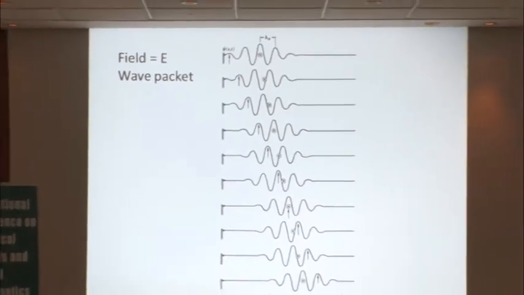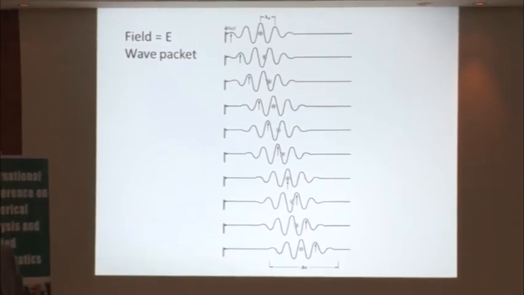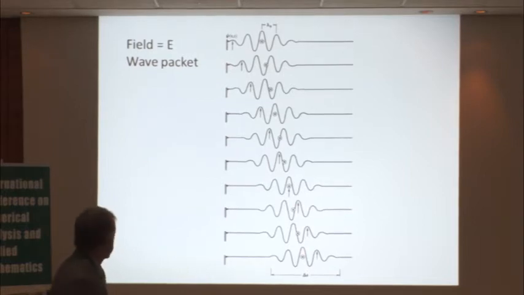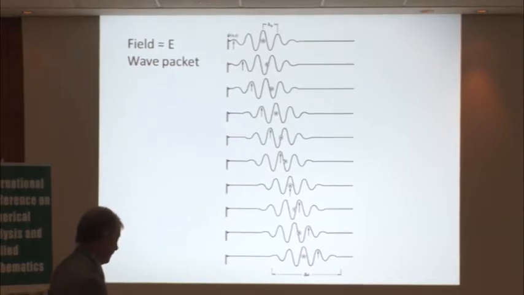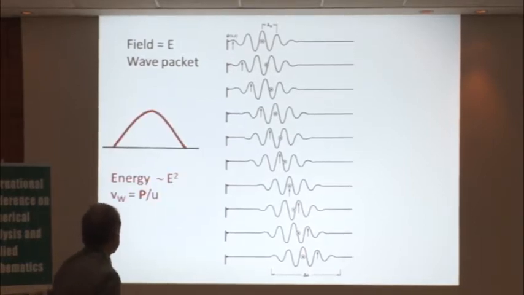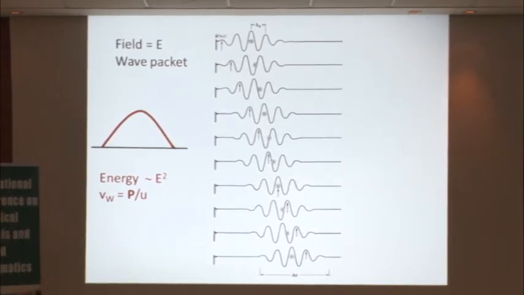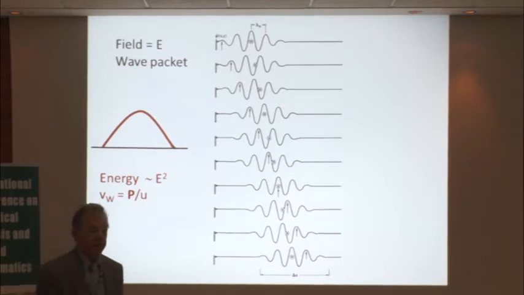I have shown you this packet, and I want to clear something up. We have seen this packet, and the packet is always shown on the right side for the field, for the electric field or for the magnetic field.